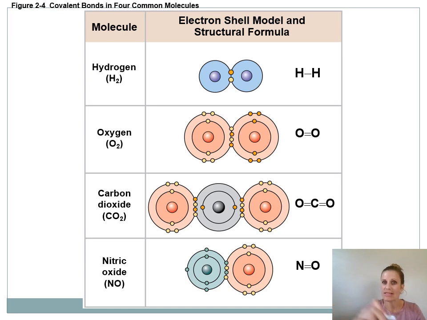Okay, remember, these electrons are moving super fast, right? They're moving all around through these shells really, really rapidly. So both atoms think that they have those electrons. Both atoms are happy. And because of these fused shells, they are attached to each other. They are held together because of that covalent bond.